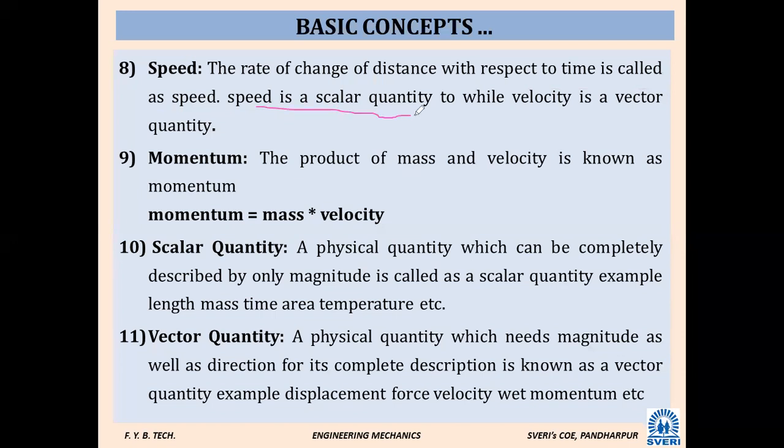The speed is a scalar quantity. I think in your 12th class you have studied what is scalar and what is vector. We will see that. Speed is a scalar quantity because there is only magnitude, there will not be any direction, while velocity will be a vector quantity. Is it clear? Yes, sir.